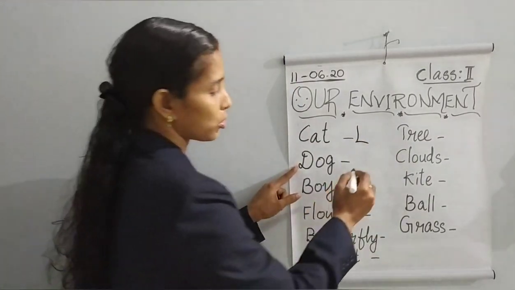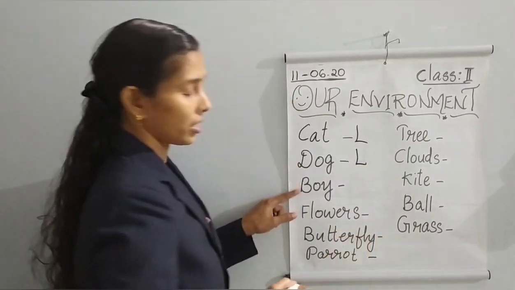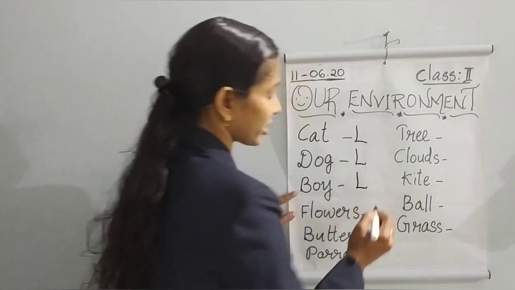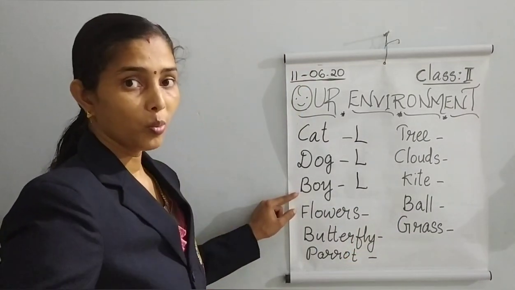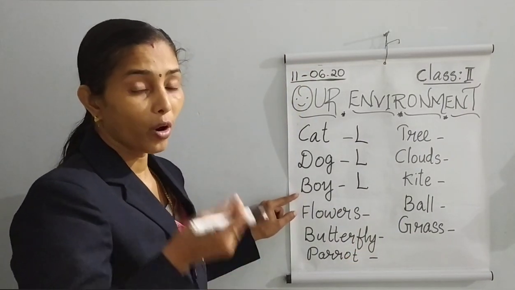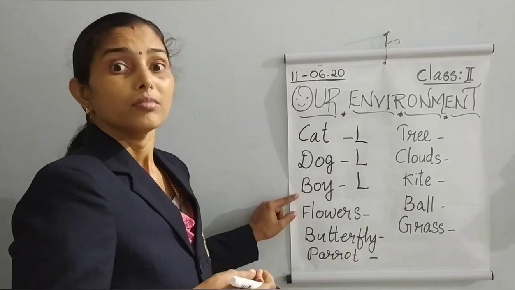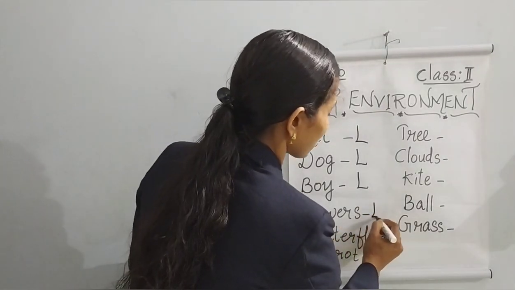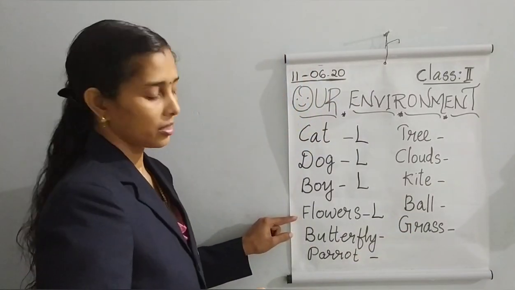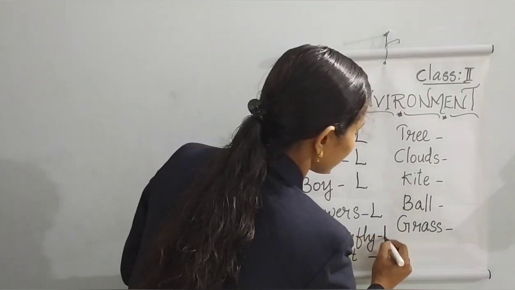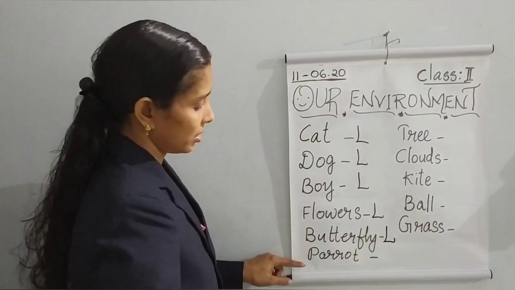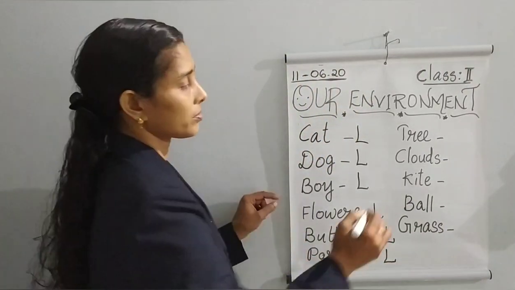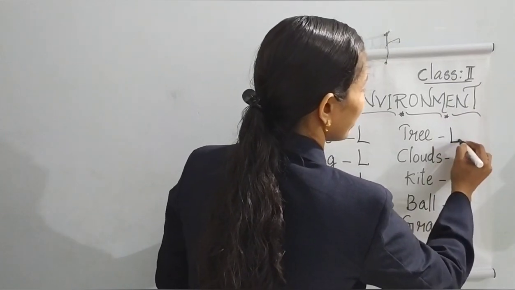Then dog is also a living thing. Boy is a living thing because boy can grow, eat food and breathe. Then flowers, also living thing. Butterfly, living thing. Parrot, living thing. Tree, living thing.